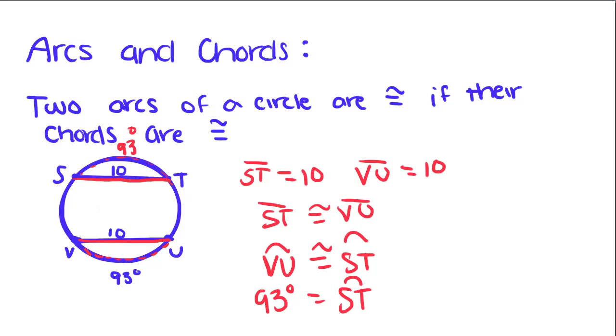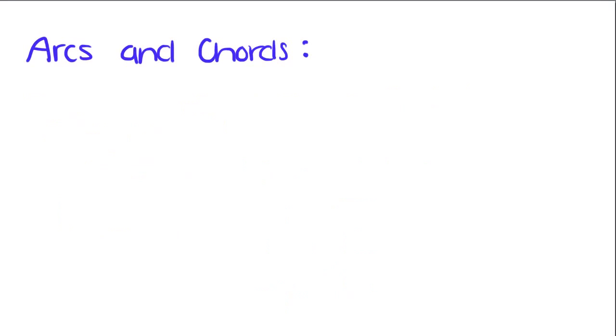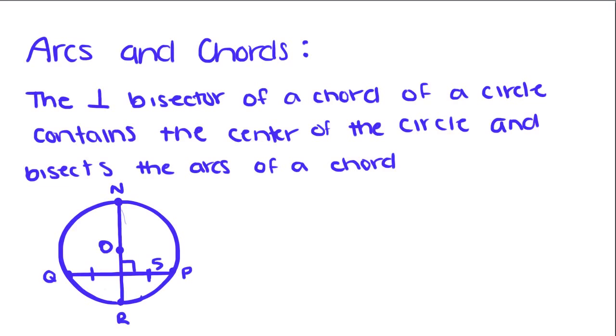So now that we know that, we're going to take it one step further. The perpendicular bisector of a chord of a circle, so we're talking about this chord of this circle, the perpendicular bisector, which is this line right here, because it intercepts this chord to form a right angle.